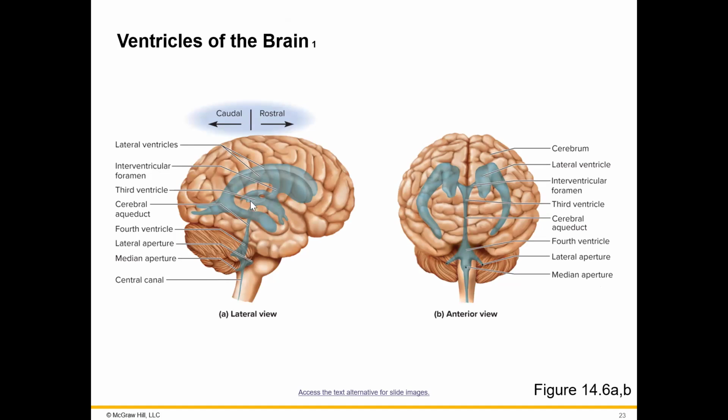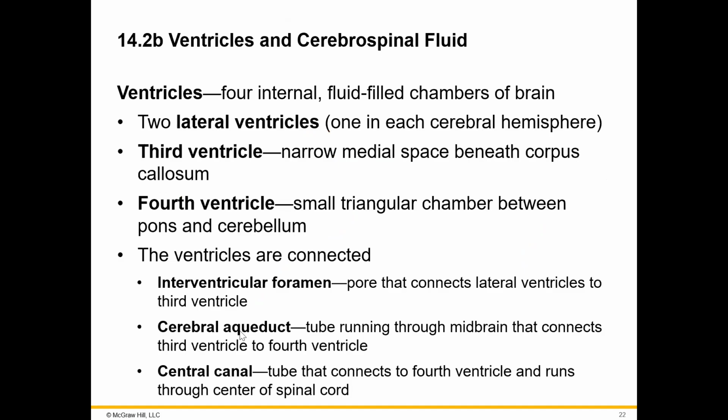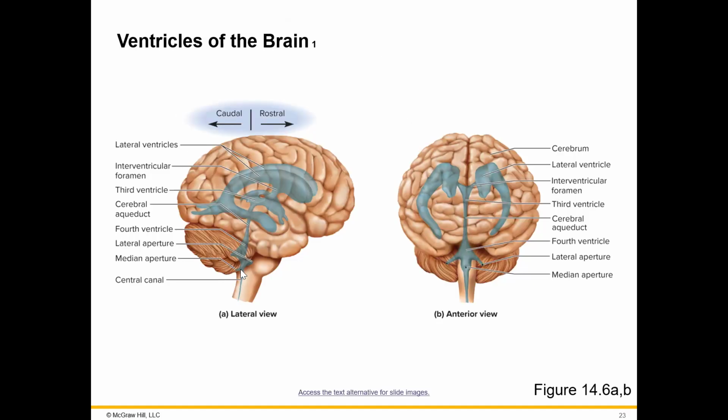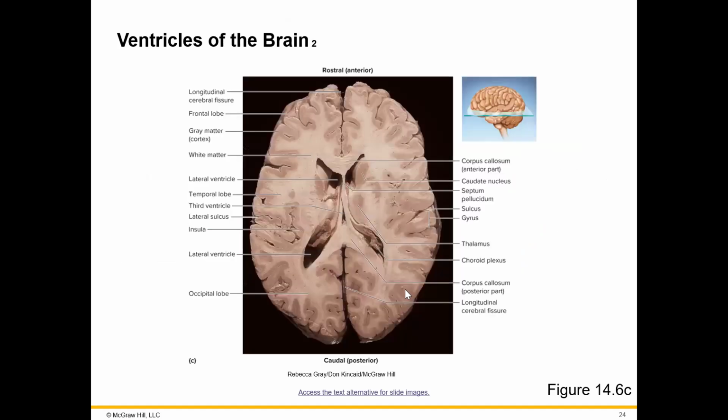And from the third ventricle into the fourth ventricle, this passage is known as the cerebral aqueduct. And then from the fourth ventricle down into the spinal cord, you have the central canal. So these here, what are these?